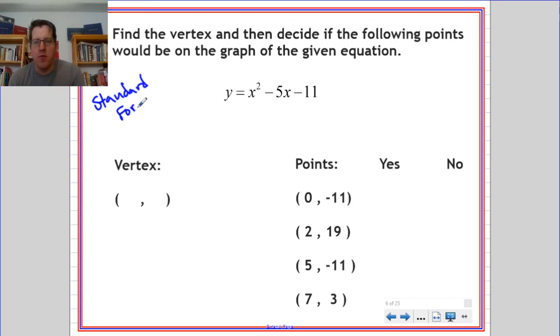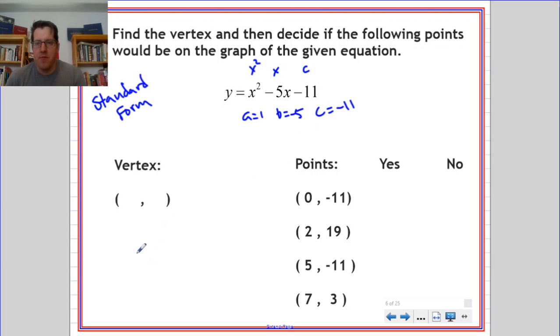It's called standard form because it's written out as the quadratic term, then the linear term, then the constant term. So this is where our a equals 1, our b equals -5, and our c equals -11.